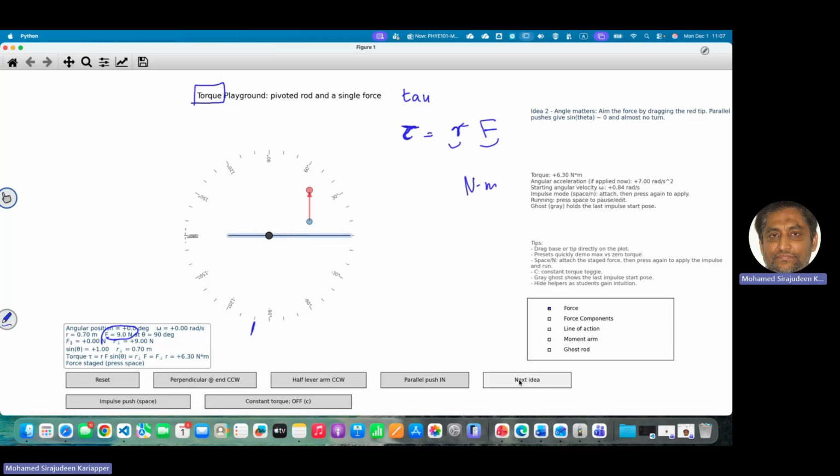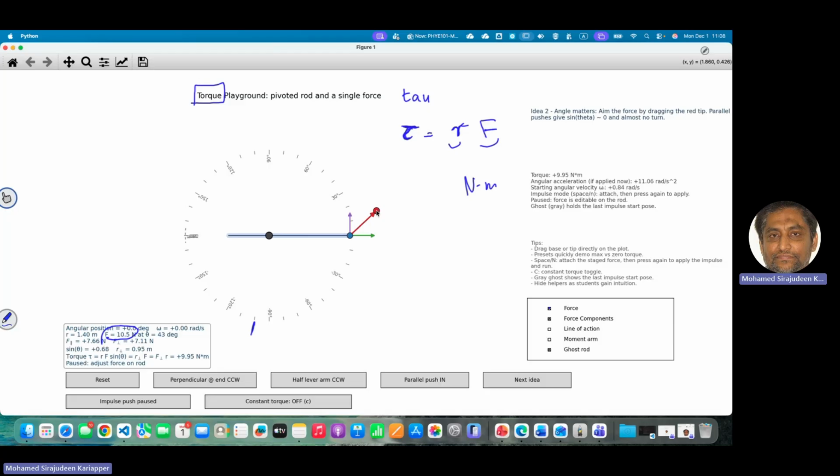Let me do something different now. I'm going to apply it in the same place at the end, upward. But this time, this is 9 Newton, I'm going to apply it at an angle. This red arrow is the force. These are the components of the force. We show the two components.